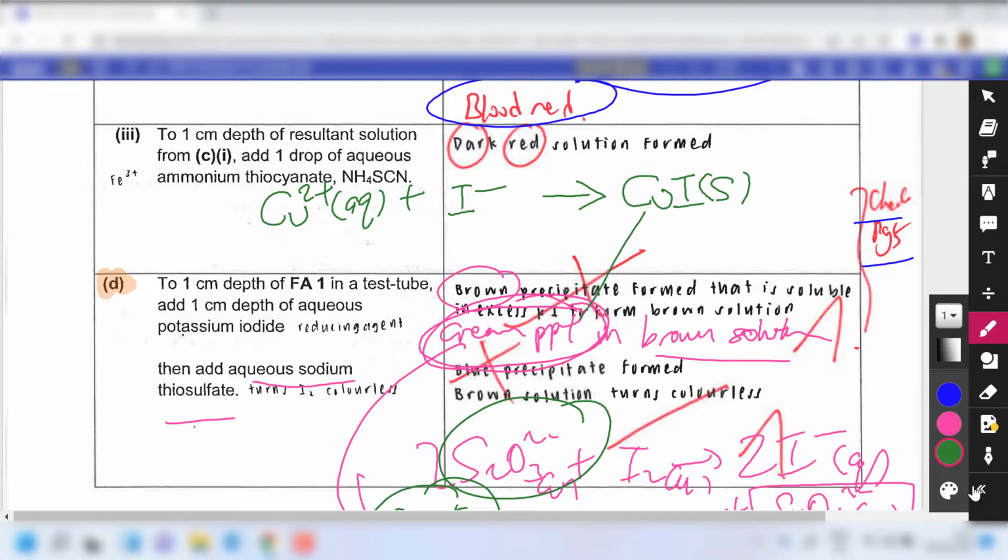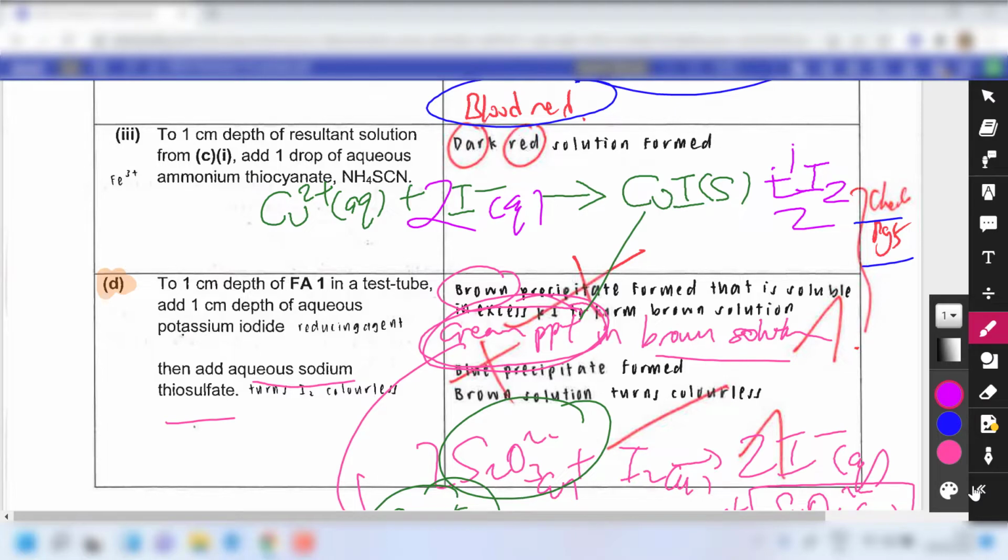If copper 2 gets reduced to copper 1, then I would expect iodide to be oxidized. So copper 2 gets reduced to copper 1, and iodide gets oxidized to iodine. So we have half I2 here and then 2I minus. If I balance this equation, this is how it looks.